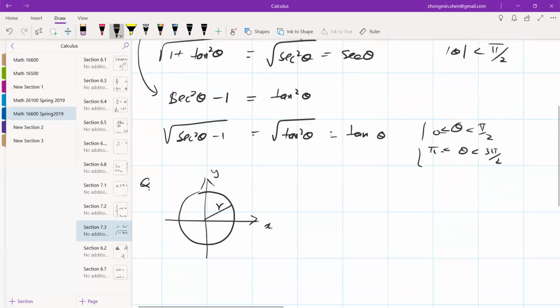If you find the area of the semicircle, you can find the area of the circle. So the area is going to be double the integral from negative r to positive r.